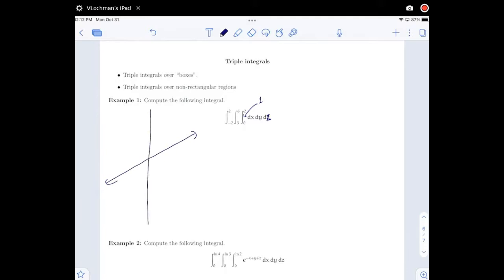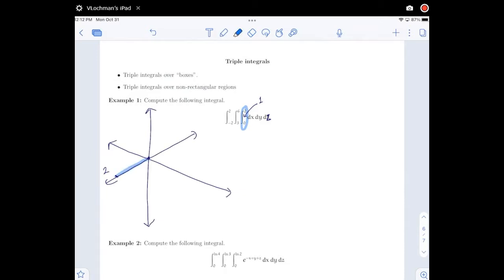Let's see. I'm going to read my limits from inside out. X goes from 0 to 2, right? Okay, 0 to 2 for x. All right, from 0 to 2, right here. Let's start over.